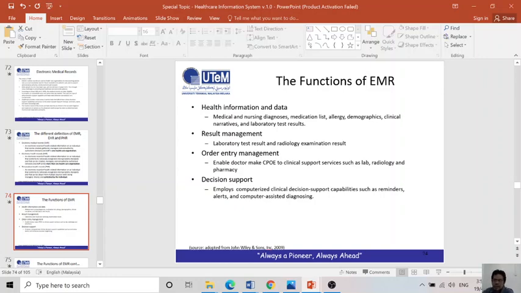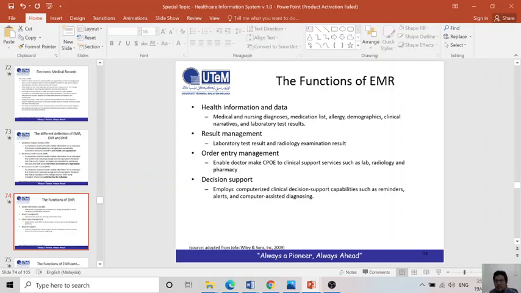The EMR function is also to help the doctor make decisions. So the EMR provides a tool for the decision support system, DSS. It employs reminders, for example.